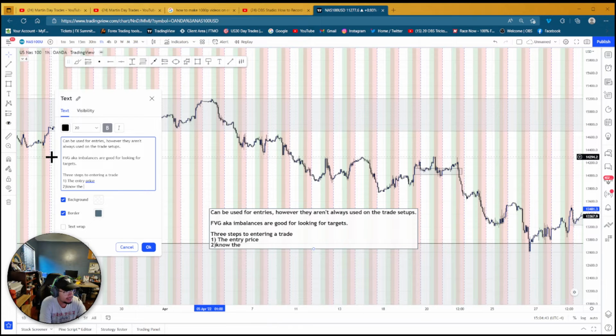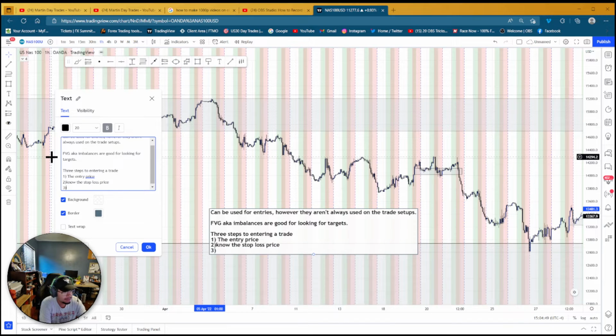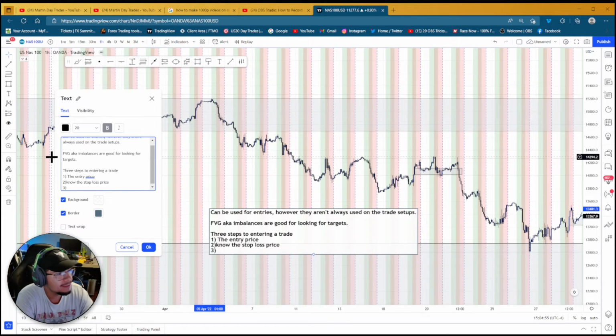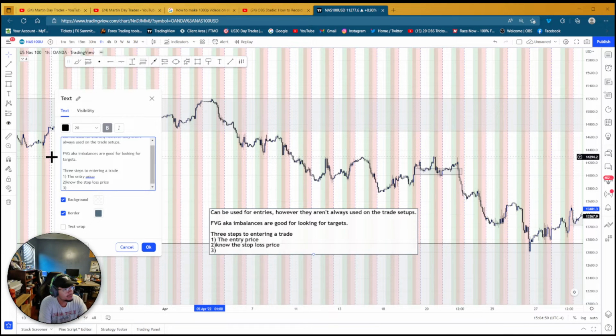Two, know the stop loss price. Three, knowing targets, knowing take profit levels.